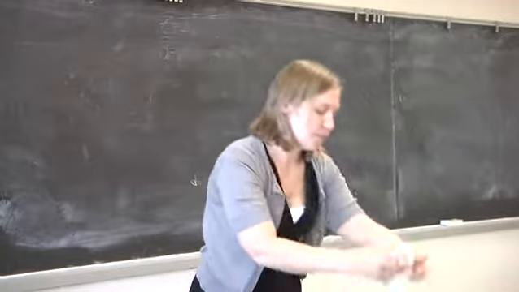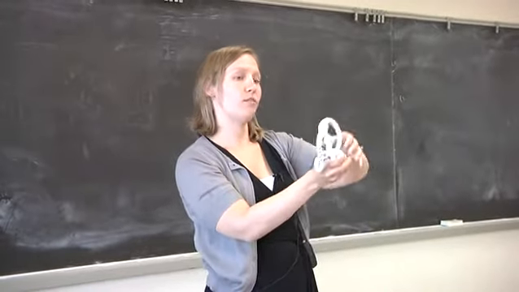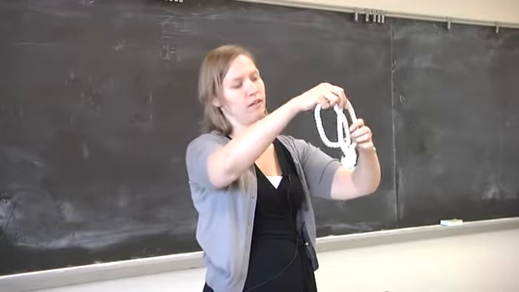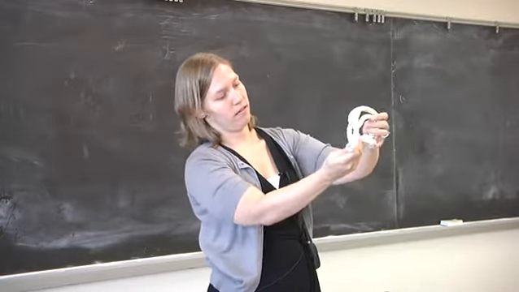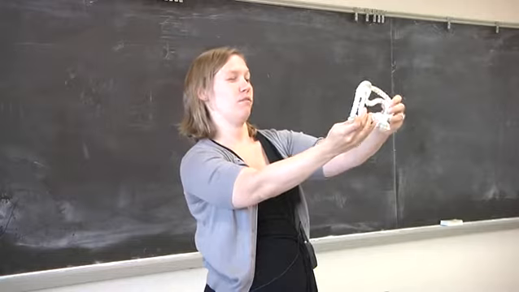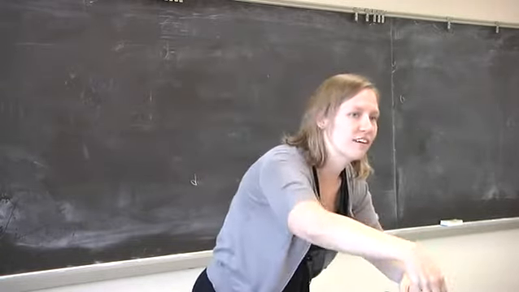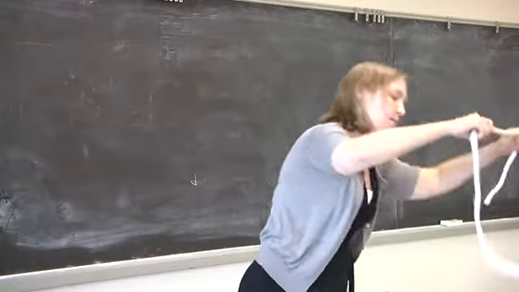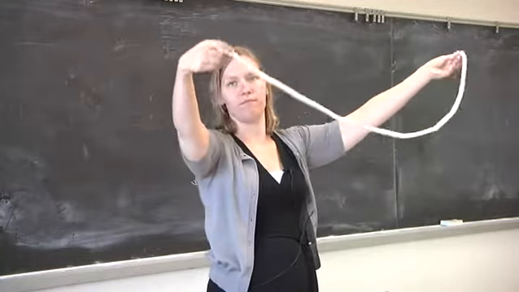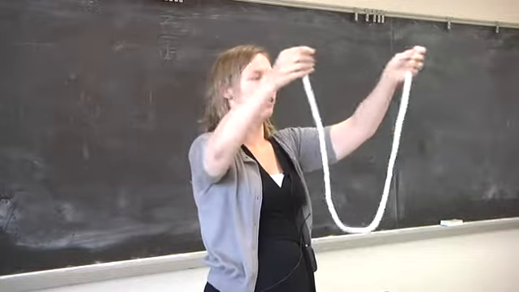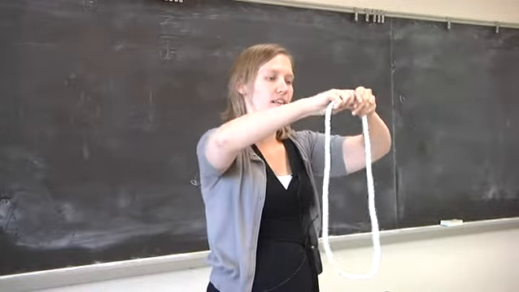And those two are of the same type. They're called twist knots. This is a twist knot also that has, let's see, 1, 2, 3, 4, possibly 5 crossings, I'm not sure. So here's just a rope, a string. We can glue the ends together like I did with those.